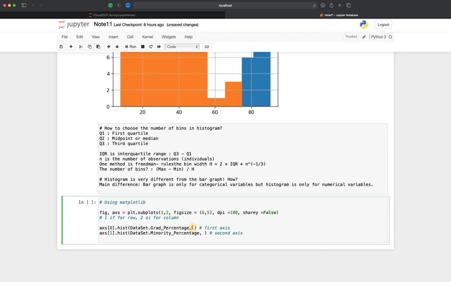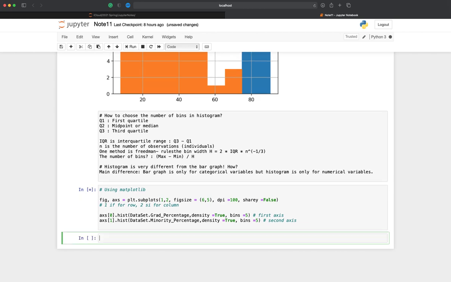Okay, so I'm just saving time here. Density is equal to true. Number of bins, let's say set to 5, and then again, don't do this.